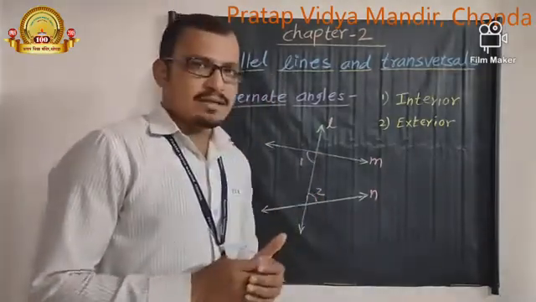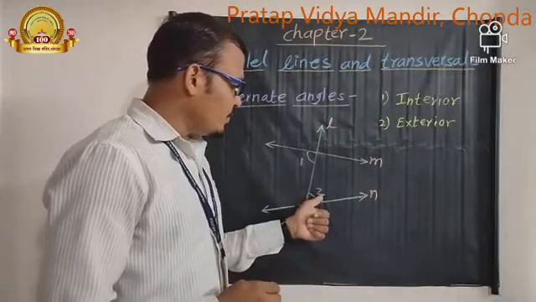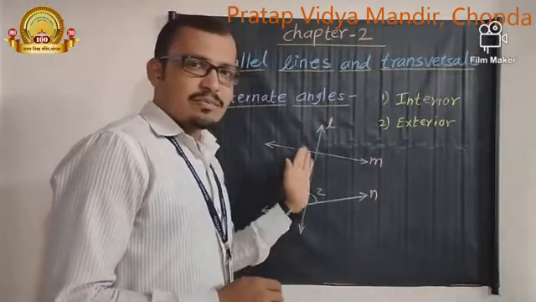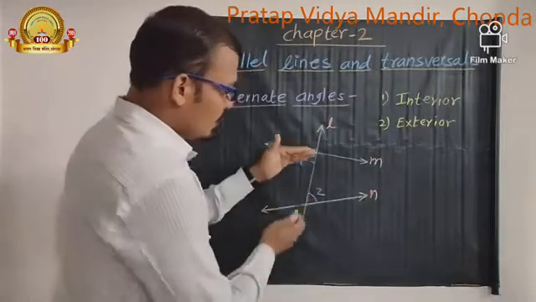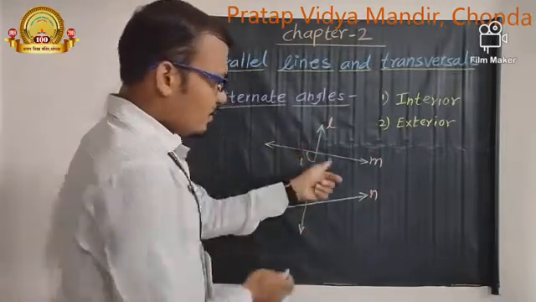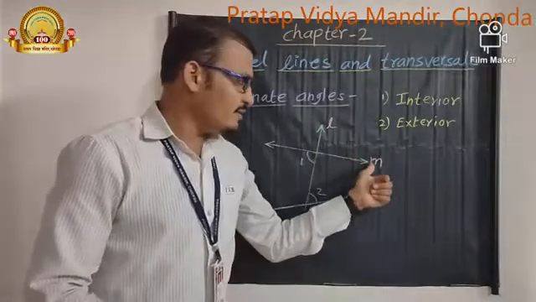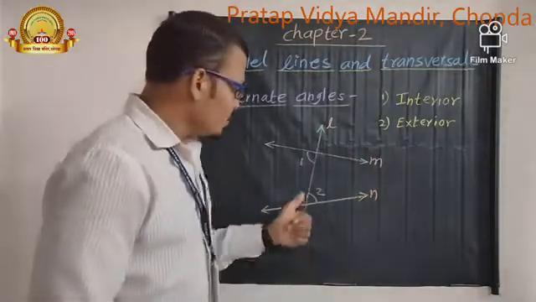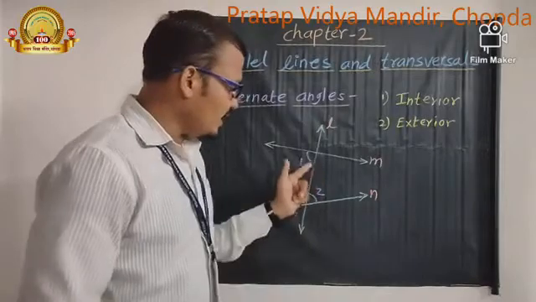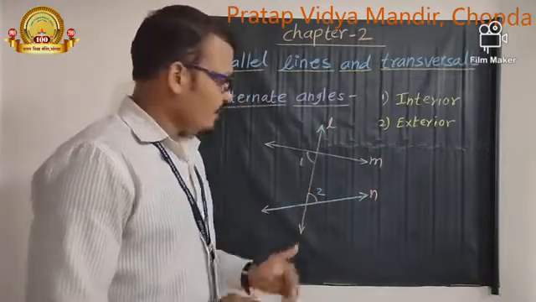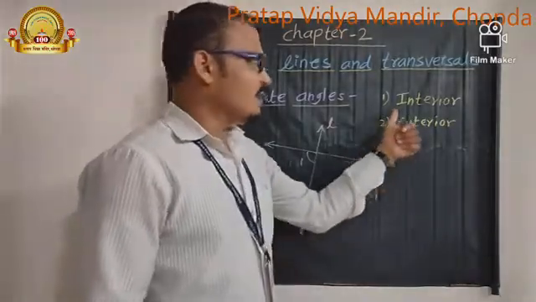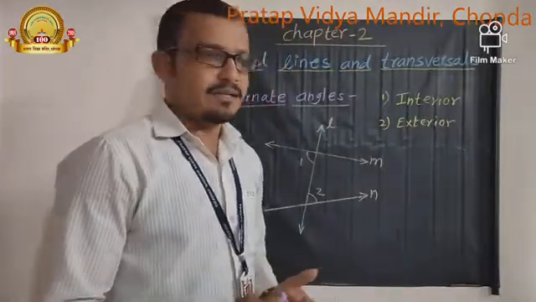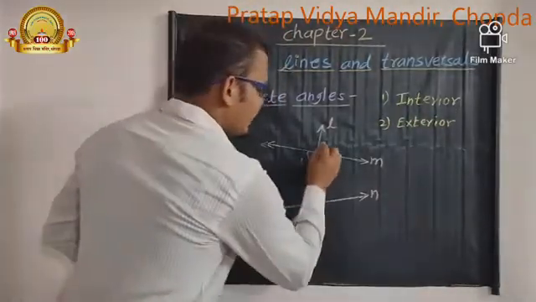In these two angles, angle 1 and angle 2 are on the opposite side of transversal, and angle 1 and angle 2 are inside of given lines M and N. So angle 1 and angle 2 are the alternate angles, and moreover angle 1 and angle 2 are the interior alternate angles.